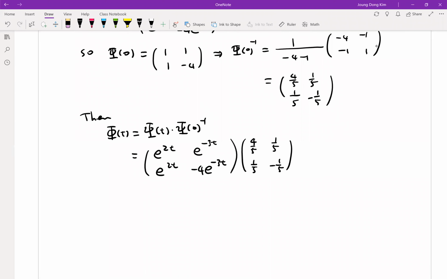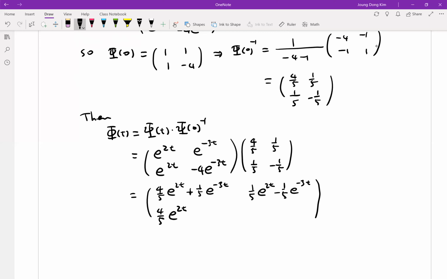Let me write this one on the bottom because I'm not going to have enough space. The first row is 4/5 e to the 2t plus 1/5 e to the minus 3t, then 1/5 e to the 2t minus 1/5 e to the minus 3t. The second row is 4/5 e to the 2t minus 4/5 e to the minus 3t, and 1/5 e to the 2t plus 4/5 e to the minus 3t.